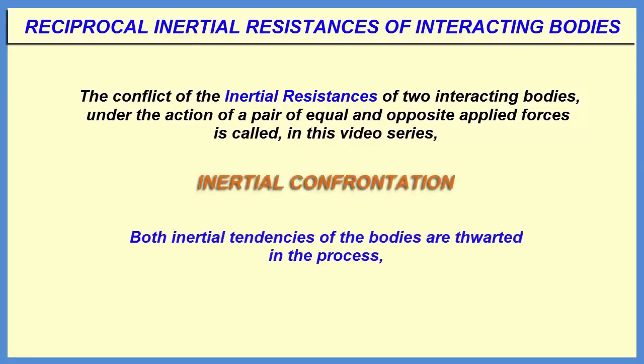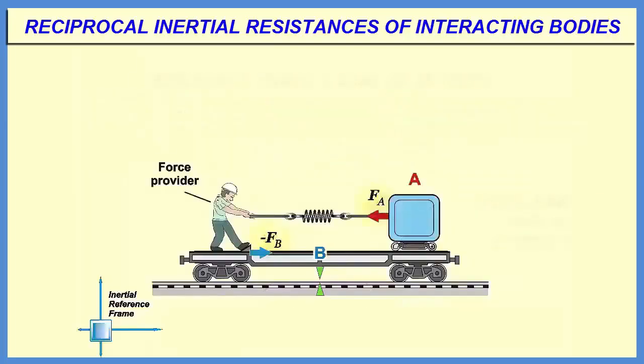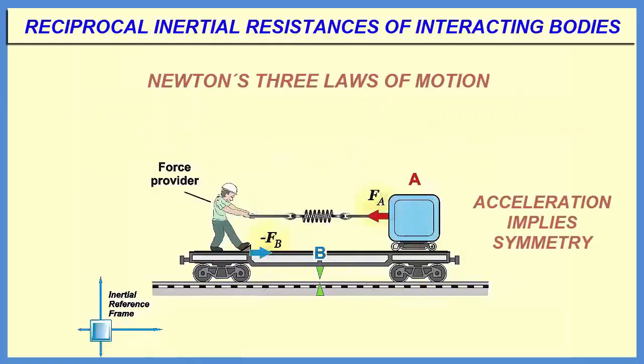And both inertial tendencies of the bodies are thwarted in the process, which supports their reciprocal opposite accelerations, in accordance with the third law of motion. The previous commentary to the definition 3, written by Newton in the Principia, is the underlying mechanism of all acceleration processes, which imply the application of the three laws of motion together.